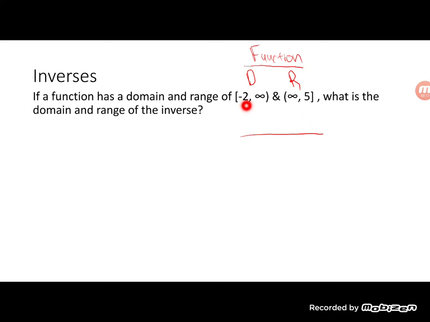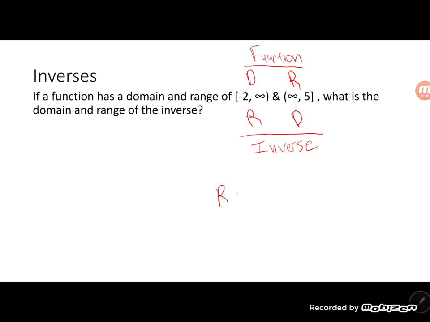Just like the domain and range associate to x and y, you're going to switch them. So now this becomes your range, this becomes your domain for your inverse. And that's it.